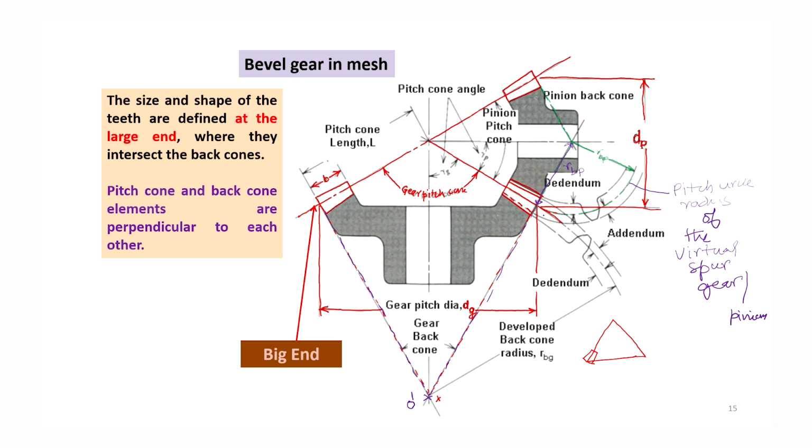Then if we draw a circle with center O dash and radius given by this distance, then that circle will be the pitch circle, and this radius will be the pitch circle radius of the virtual spur gear. This pitch circle radius is called the developed back cone radius.